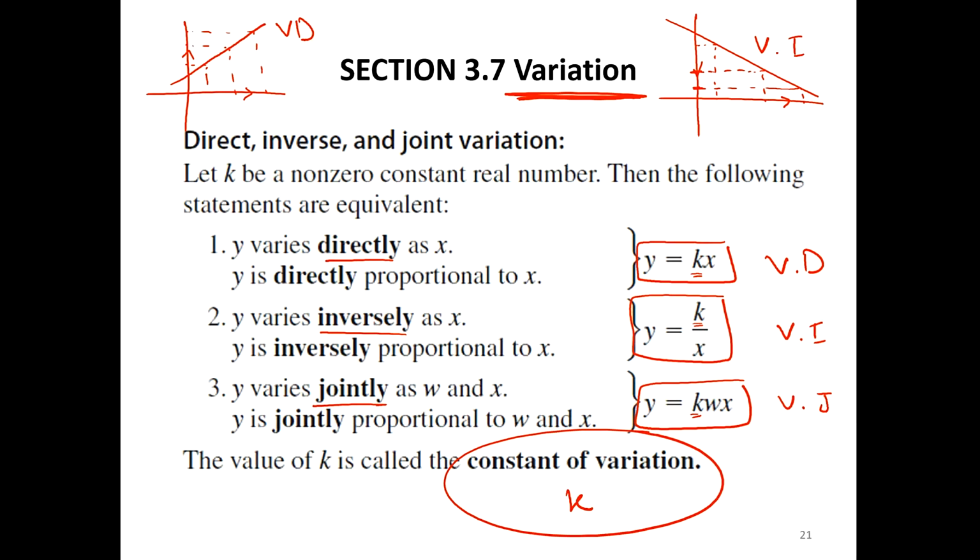But if we have joint variation, we cannot draw this in 2 dimensions.